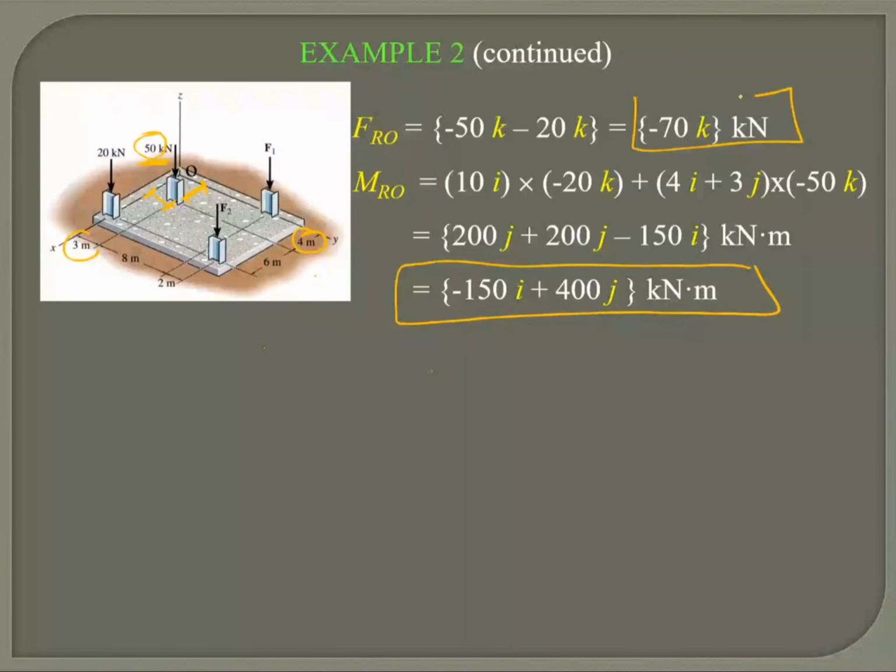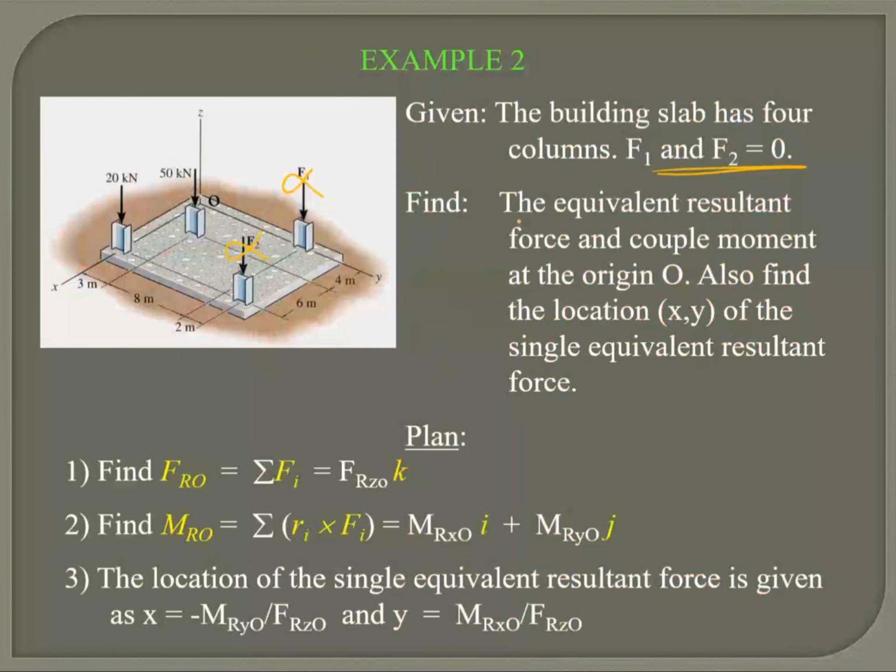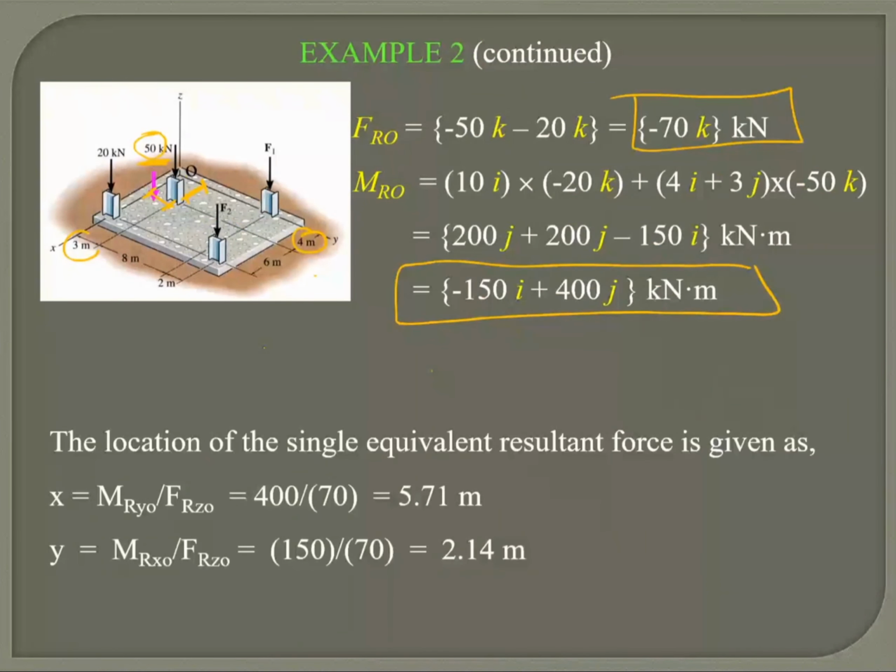So going back to the question, the equivalent resultant force and couple moment at the origin, we've done that. Now also find the location X, Y of the single equivalent resultant force, which means how can we eliminate the moment. So let's go back. Now what? The location of this moment.